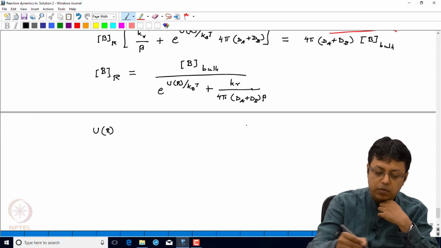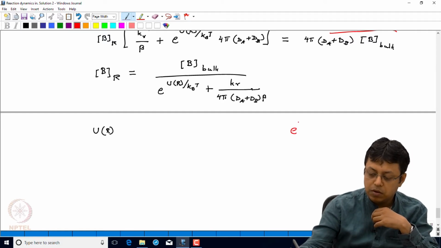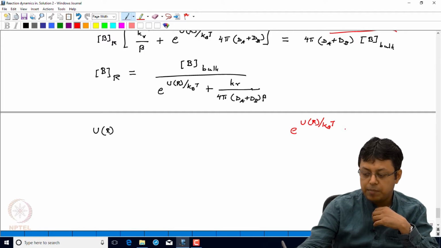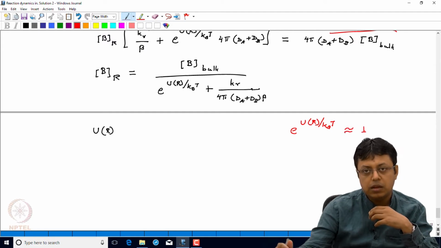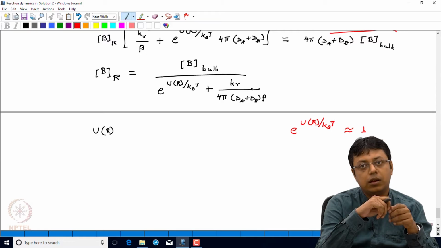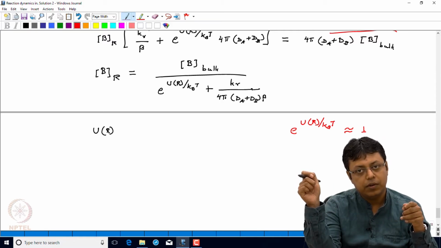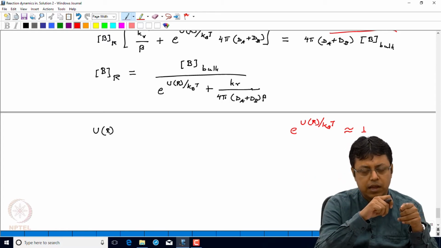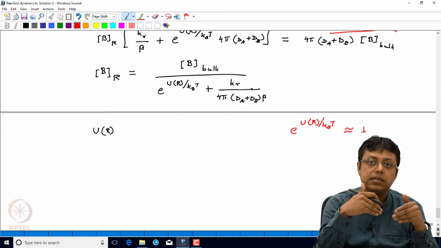in the sense that we have an exponential, e to the power u of r by kBT, and since that value is very small, we can approximate the exponential to be truncated in the first term only. So we are just using it as 1 itself. Now don't get confused: when I am keeping r equal to infinity, u of r was basically 0. Now as I am bringing it closer to the second ion, the potential is increasing in the negative sense.